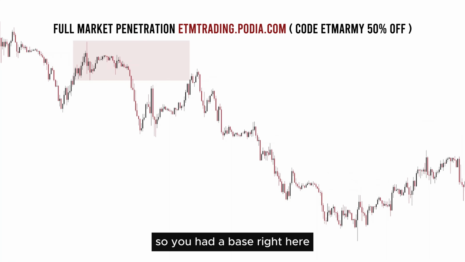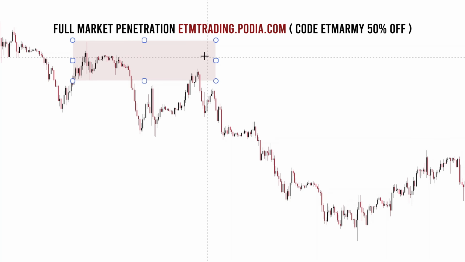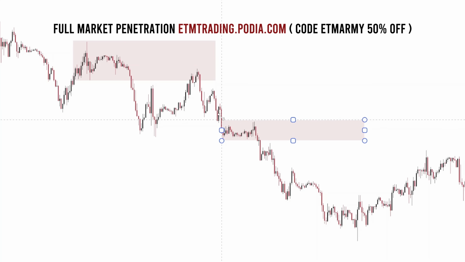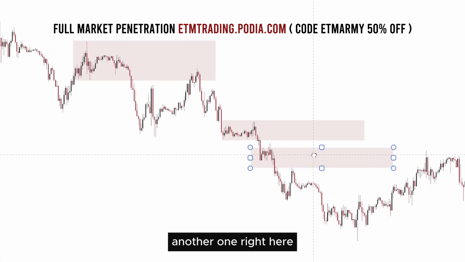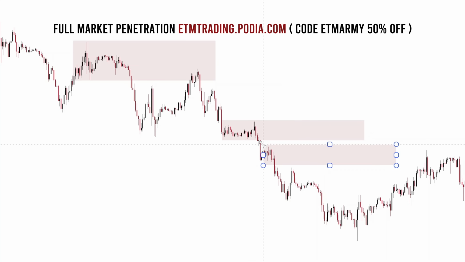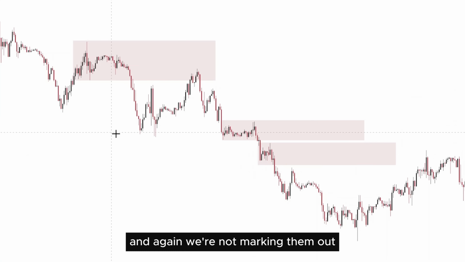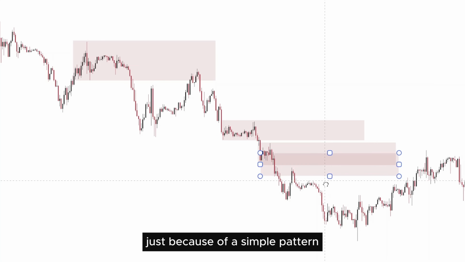So you had a base right here. You had another base right here. Another one right here. And again, we're not marking them out just because of a simple pattern.